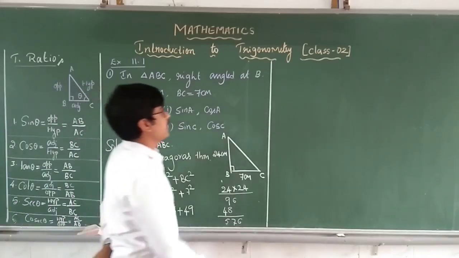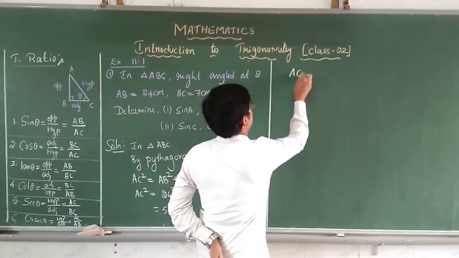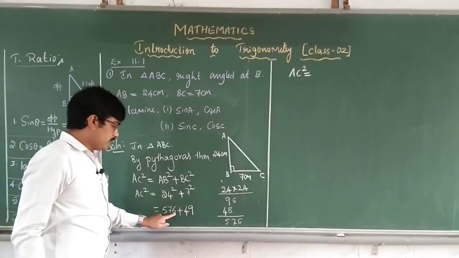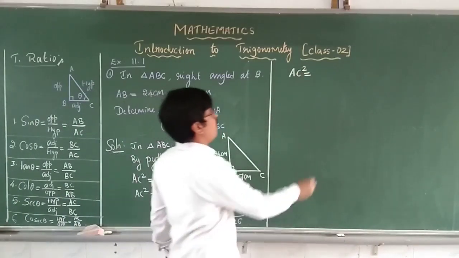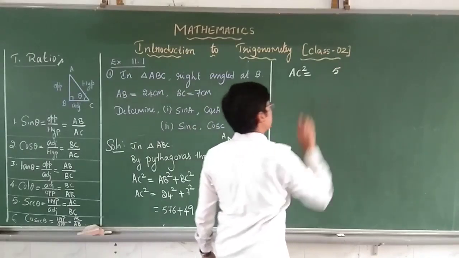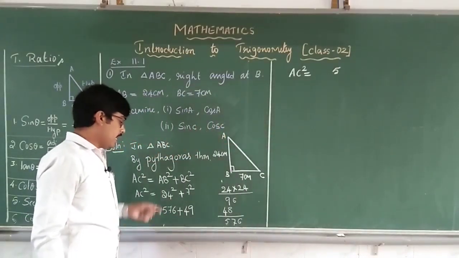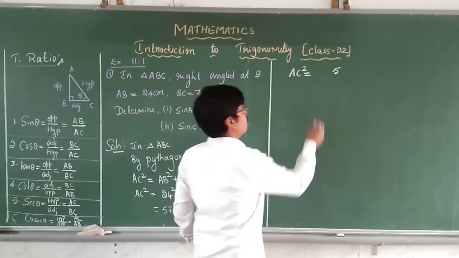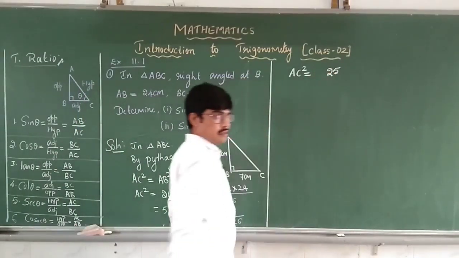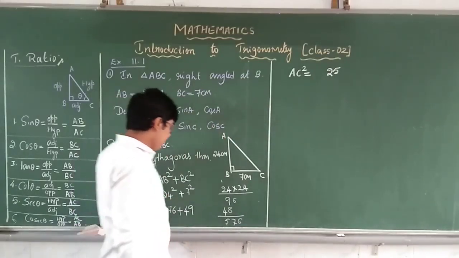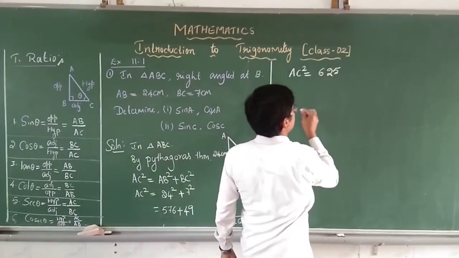Now I can write AC square is equal to, adding these two, 6 plus 9 is 15, 1 remaining. Now 7 plus 4 is 11, 11 plus the remaining 1, it becomes 12, plus again 1 carry, so along with this 5 it becomes 6. This will be 625.